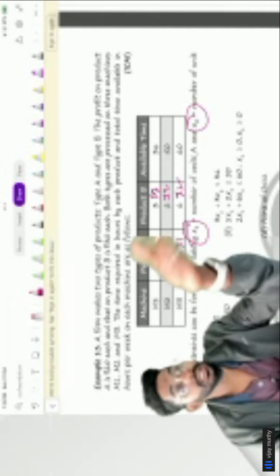You can't go more than 36 hours. You should work within 36 hours. Therefore, 3x1 plus 3x2 less than or equal to 36. 5x1 plus 2x2 less than or equal to 50. 2x1 plus 6x2 less than or equal to 60. So these are the constraints.